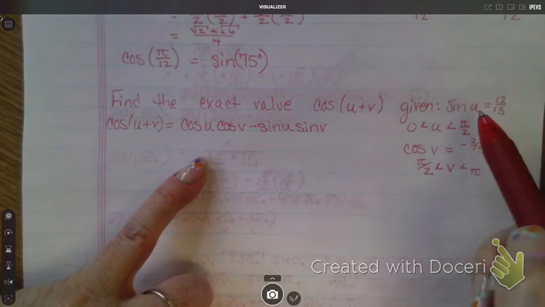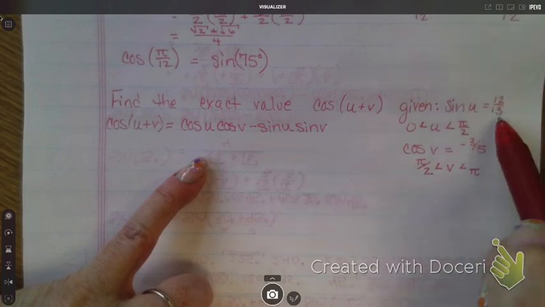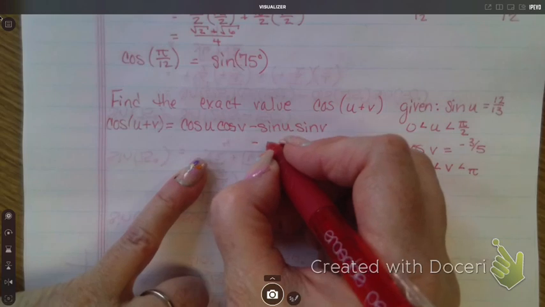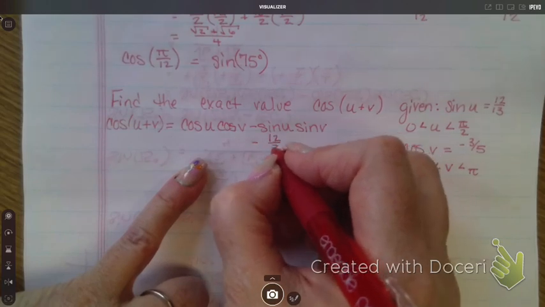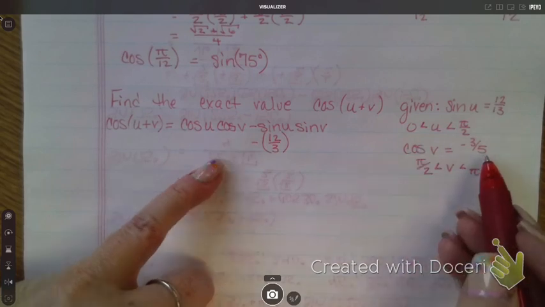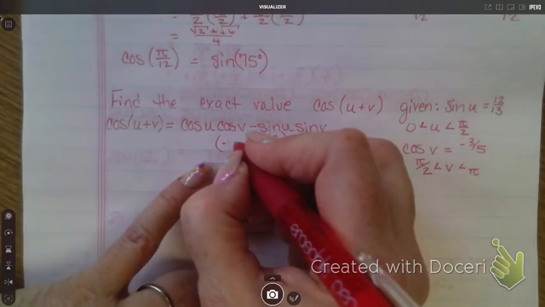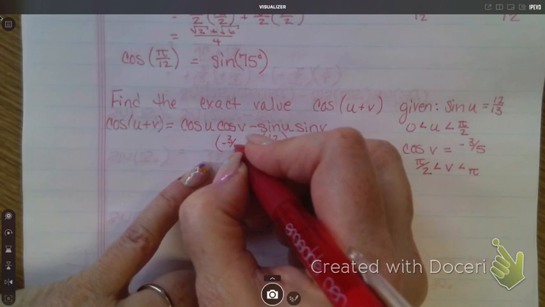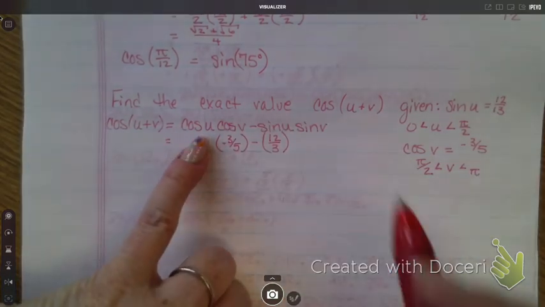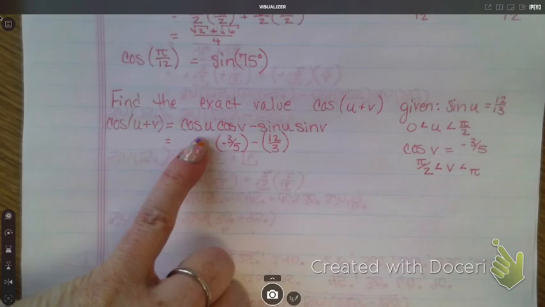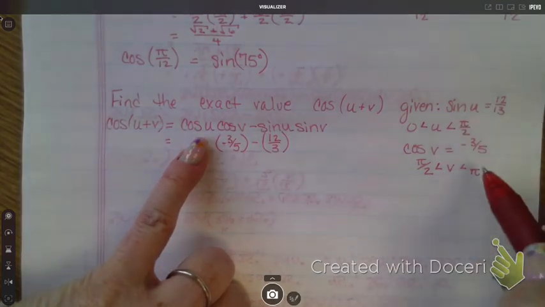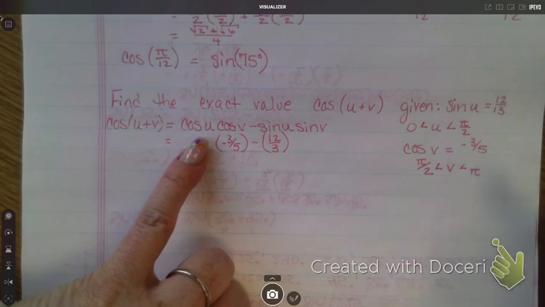Well, I know that the sine of U is 12/13, so that can go right here. I know the cosine of V is negative 3/5. But how am I going to find the cosine of U and the sine of V? Pythagorean triples, or I make my right triangles in those quadrants, correct?